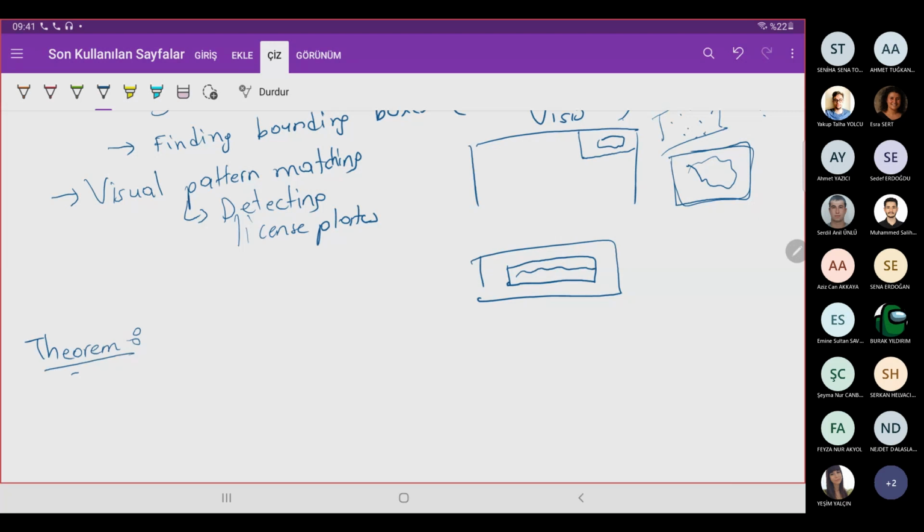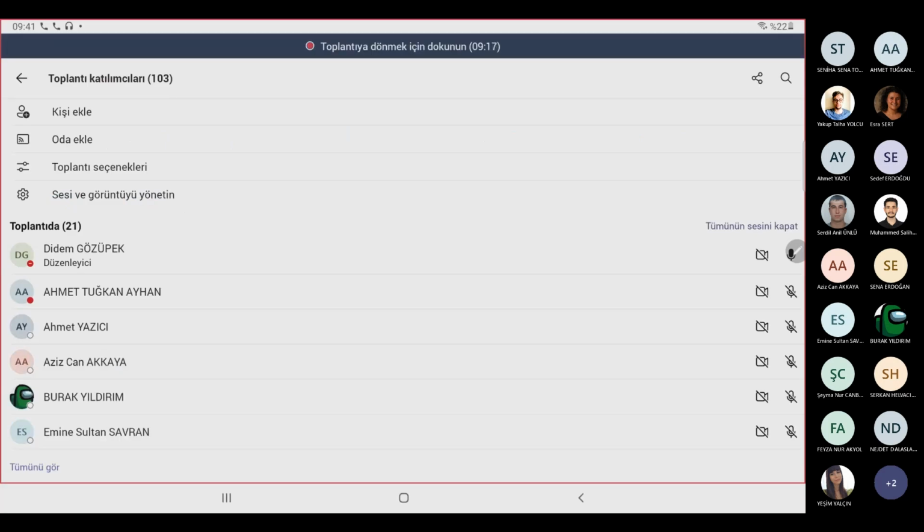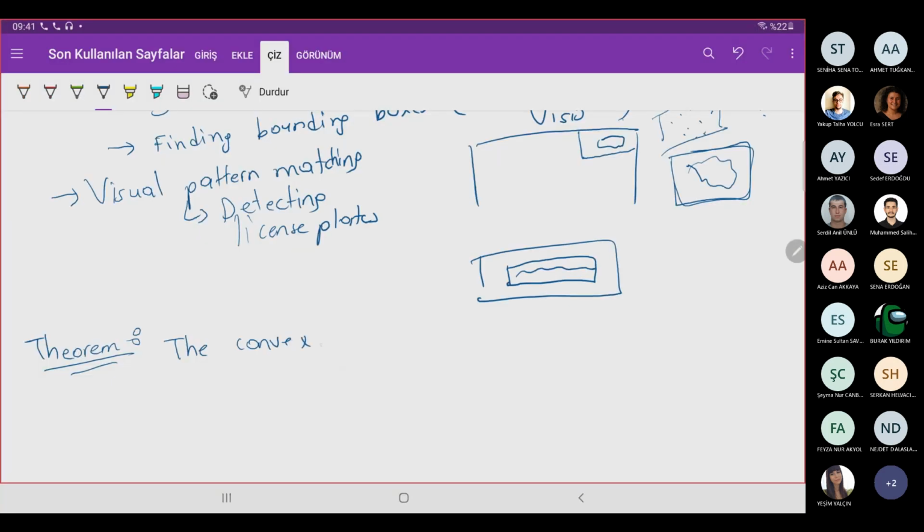The convex hull of any set S of n greater than 2 points, not all on the same line.